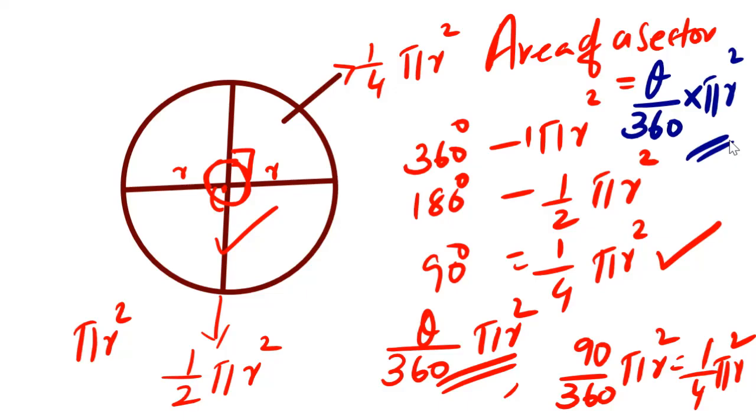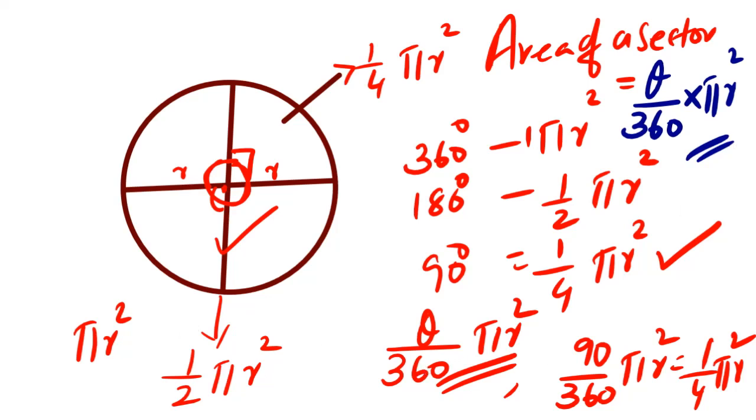A sector can be of any measure, any central angle measure. Depending upon that, we classified sectors into minor and major. Within minor there can be smaller and bigger ones. But the area can be calculated by the formula theta upon 360 into pi r square.